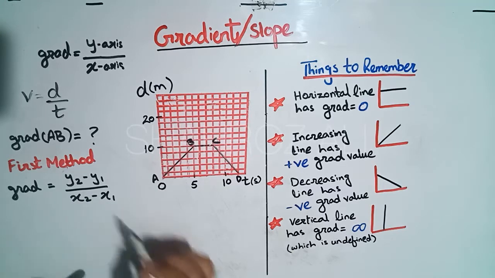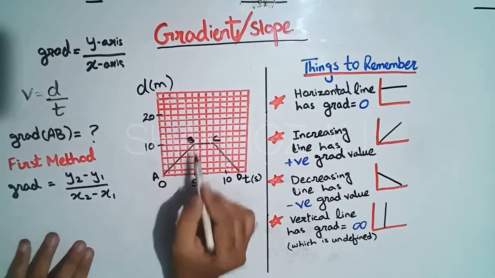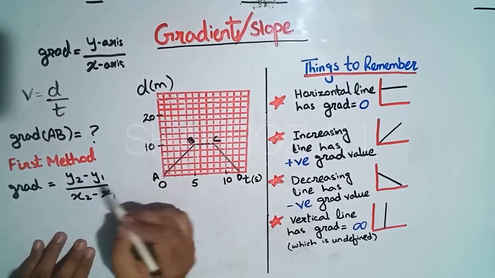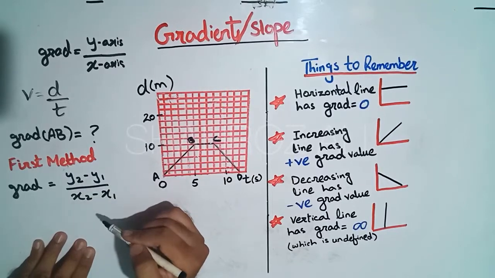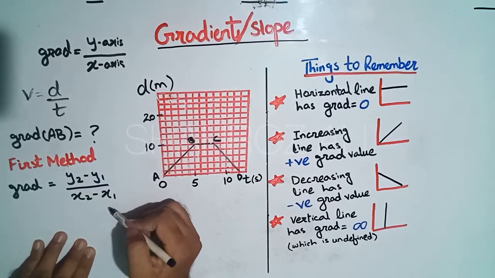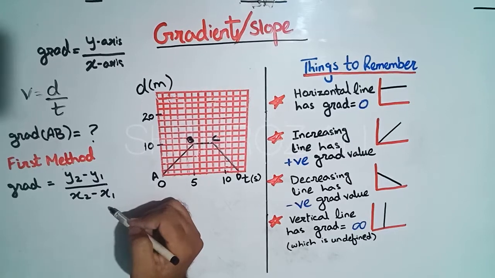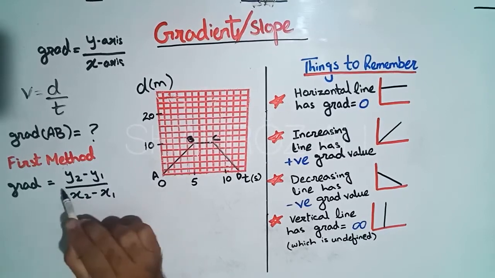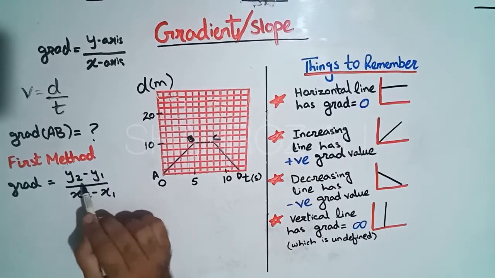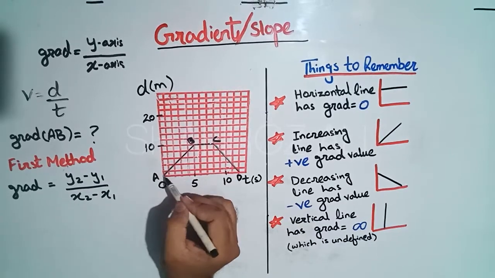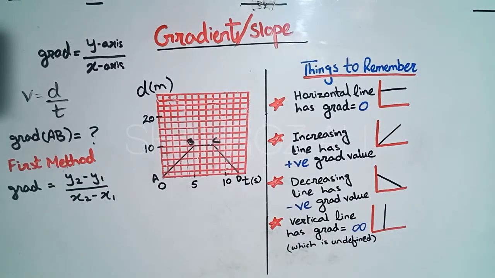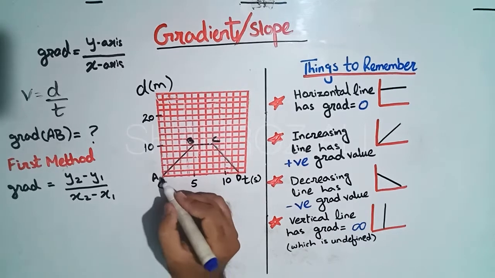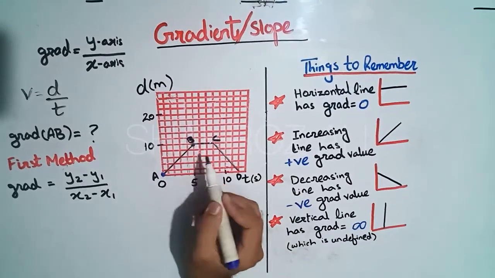Now you can see we will collect the values from the graph, y2 and y1. y2 means the second value and y1 is the first value. If you are collecting values for A to B, this is your first point and this is your second point.